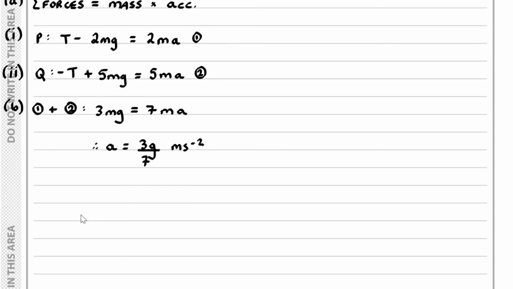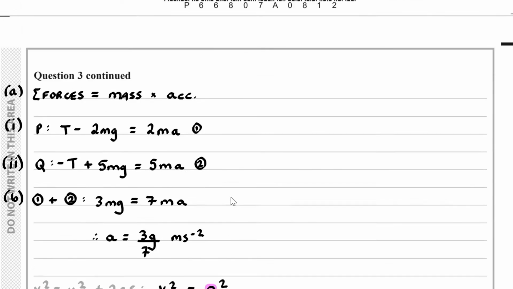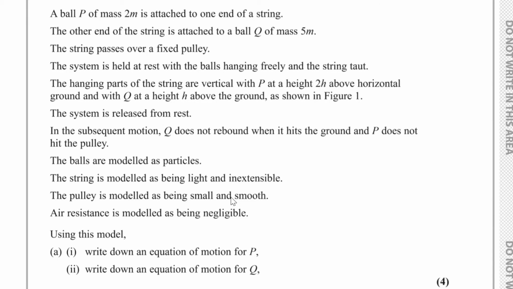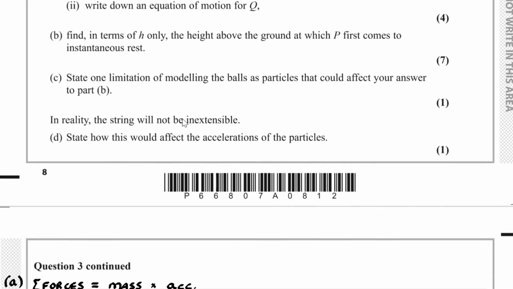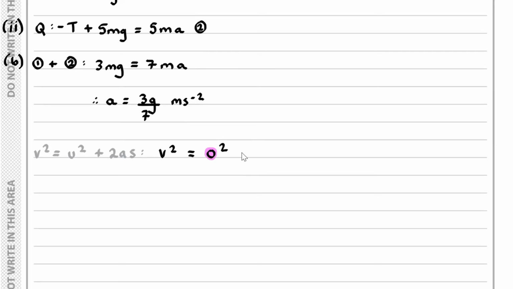So we have v squared equals 0 squared, because the system is released from rest, and then we add on 2 lots of the acceleration, which is 3g over 7 multiplied by s, which is h.